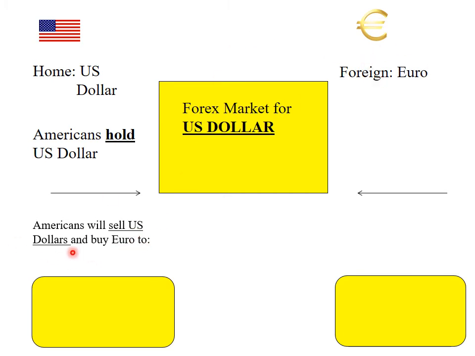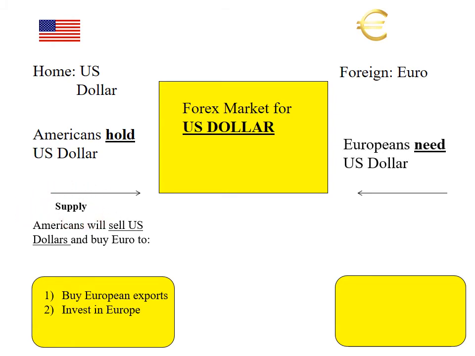They will sell their US dollars to buy euro. Now, why do they do that? For no good reason. Because they want to buy European exports and invest in Europe. Okay, Europe doesn't accept US dollars. They use euro. All right. So the US people, the Americans, control the supply of the US dollar. Okay, Europeans don't have the US dollar and they need the US dollar.